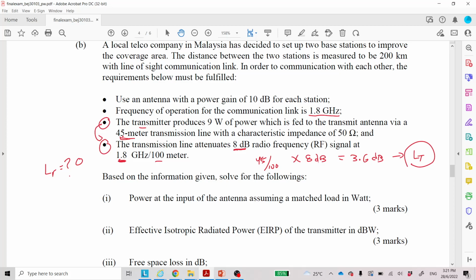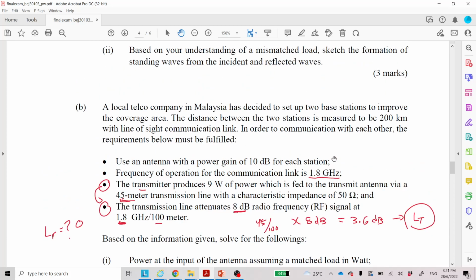If we draw this one, this is LT, and this is the power input.